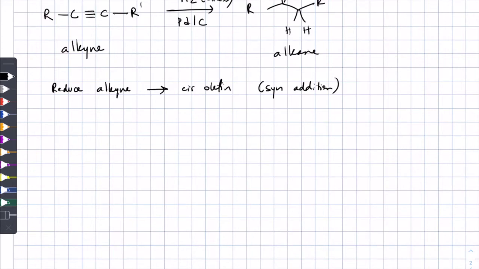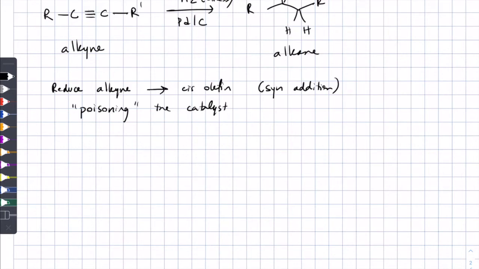Your text describes the strategy of poisoning the catalyst, which means adding some things to the palladium catalyst to reduce its ability to react with the olefin. Your text mentions what some of those things are.